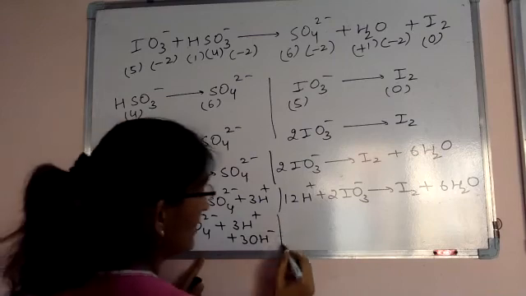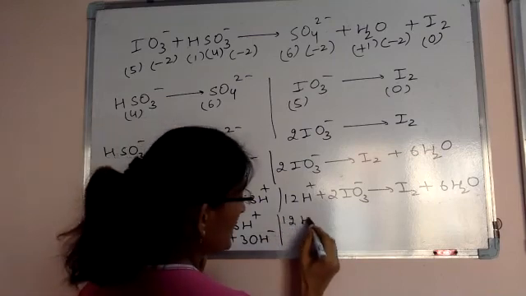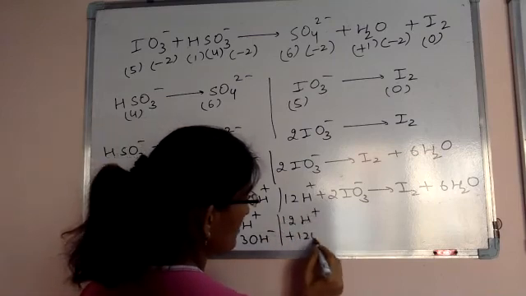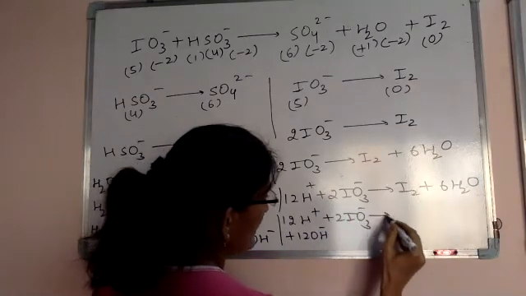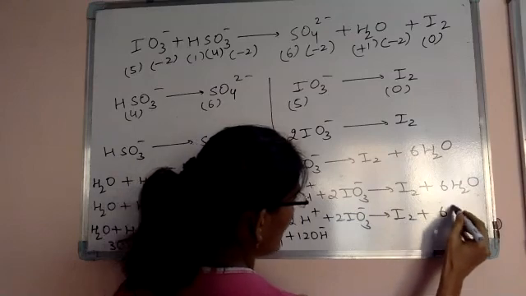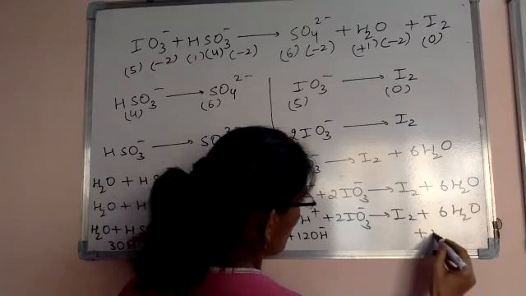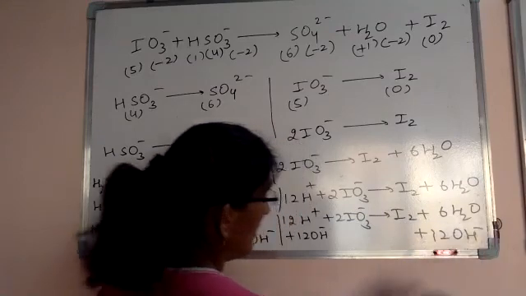Clear? Same here. 12H plus, add 12OH minus also. Plus 2IO3 minus gives I2, 6H2O, 12OH minus. Both the side you have to add.